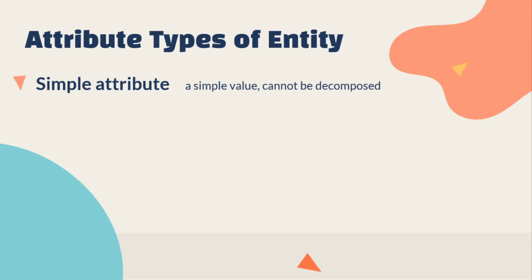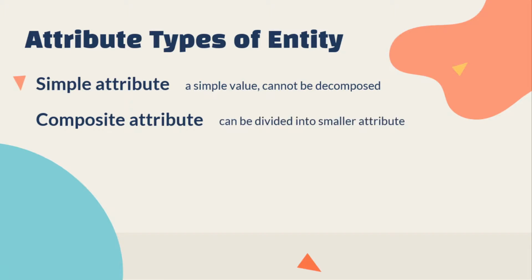Simple attribute is an attribute with a simple value, and this attribute cannot be decomposed into more specific attributes. For example, price attribute from a staff. The second is composite attribute. The composite attribute is an attribute that can be divided into smaller attributes. For example, name attribute into first name, middle name, and then the last name.